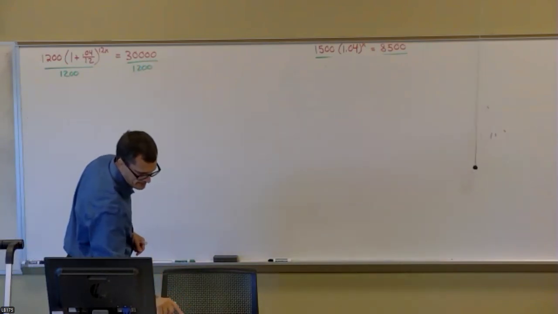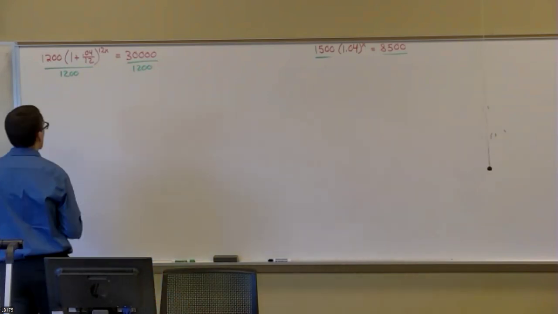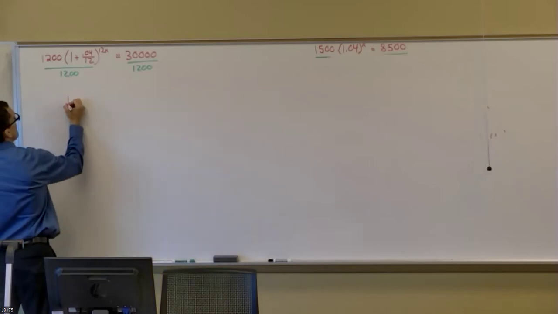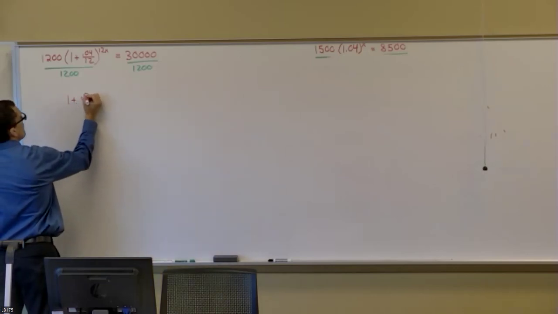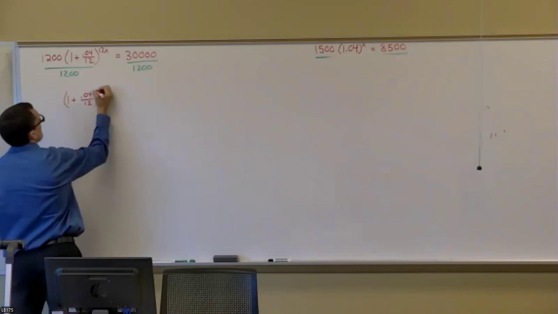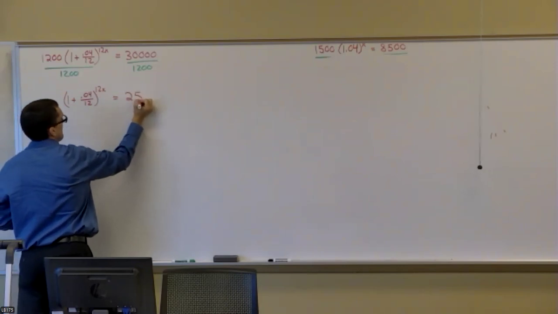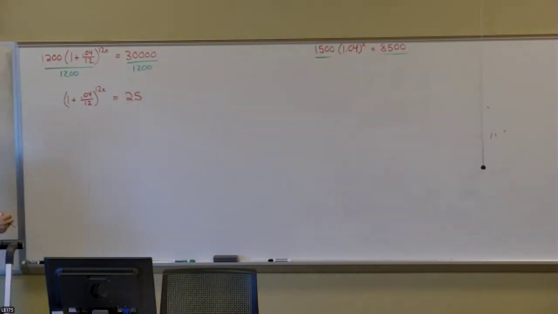So let me do that. 30,000 divided by 1,200 is equal to 25. So this means that my ending amount is essentially 25 times as big as my starting amount, in the context of accruing interest.